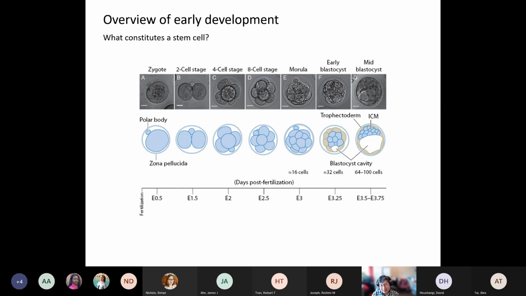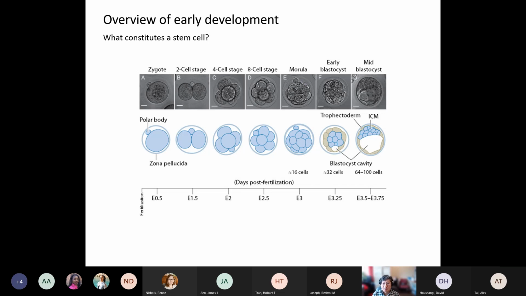But sometimes things start to become not as clear, such as the cells on the slide. The zygote, the cells of the two-cell stage, four-cell stage, eight-cell stage, up to the cells in the morula. Will you call those stem cells?